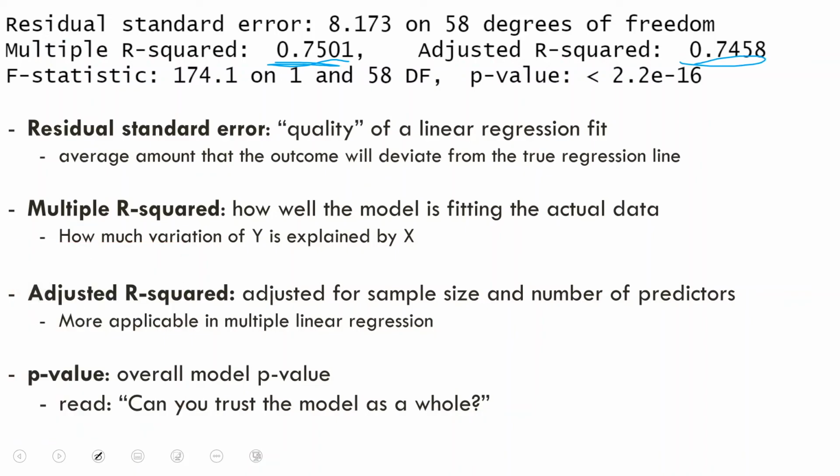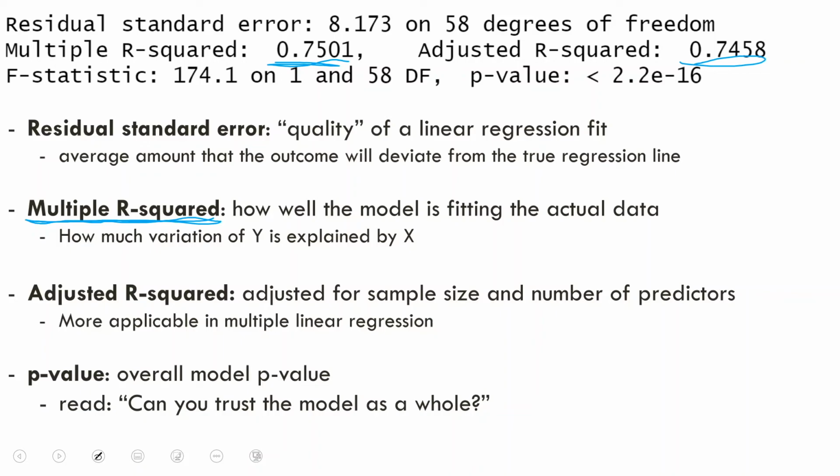And we see here that the R-squared is 0.7501, and the adjusted R-squared is 0.7458. Well, what's happening there? Well, it turns out that the multiple R-squared does a pretty okay job when you have a decent sample size without a whole ton of additional x variables, additional predictors.